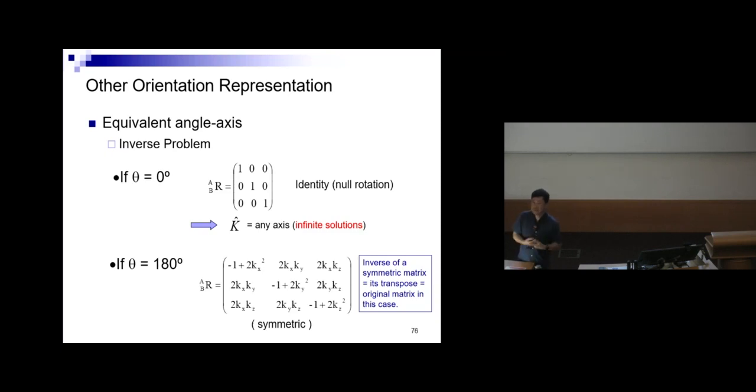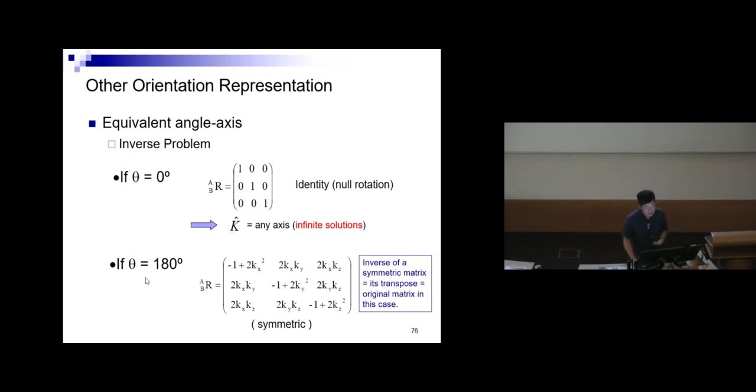There's no rotation. Essentially, it's an identity matrix, and your k hat can be any axis.